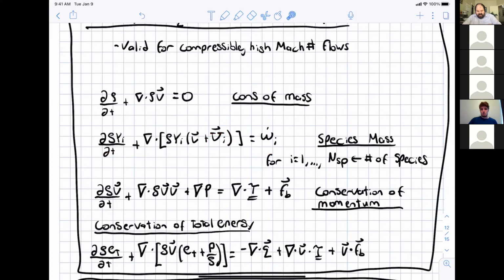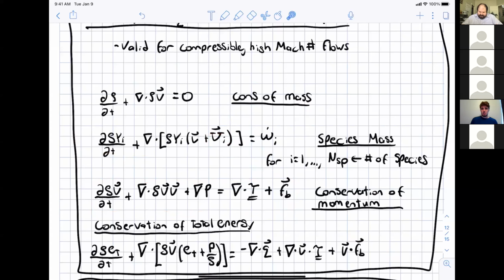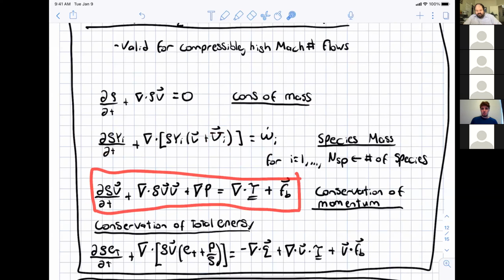If you have N_sp number of species, you have N_sp species mass equations. We have the Navier-Stokes equations right here. I guess I shouldn't say Navier-Stokes. It becomes Navier-Stokes after you use Newton's law of viscosity here, because this equation is also valid for even solid mechanics.